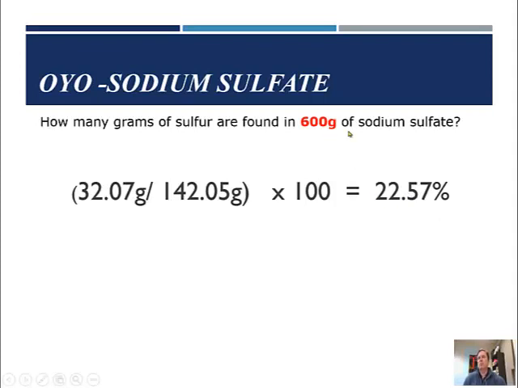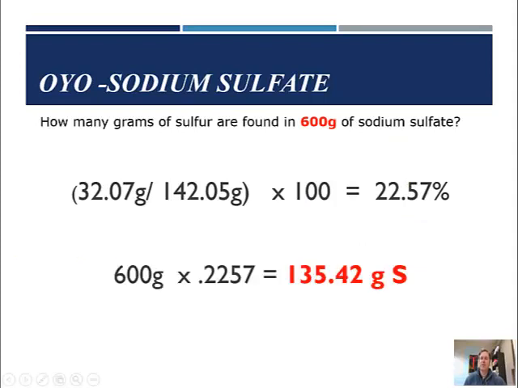In 600 grams of sodium sulfate, how many grams of sulfur do we have? We change our 22.57 to a decimal and multiply it by 600, so 600 times 0.2257 is 135.42 grams. Remember, you also could have just taken 600 times 22.57 and divided by 100. Either way is fine with me, whichever makes it easier for you.